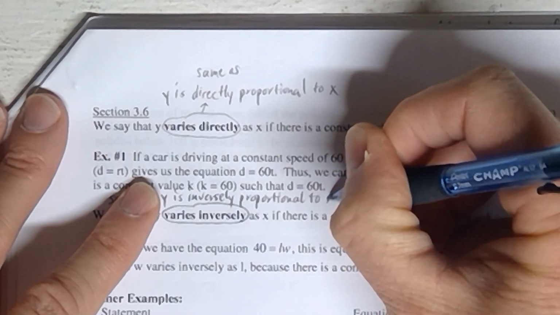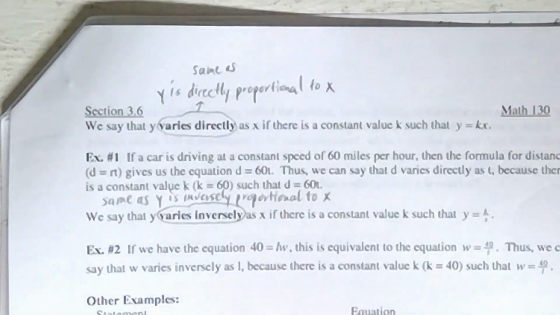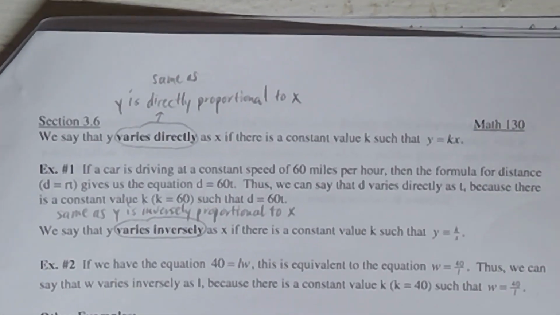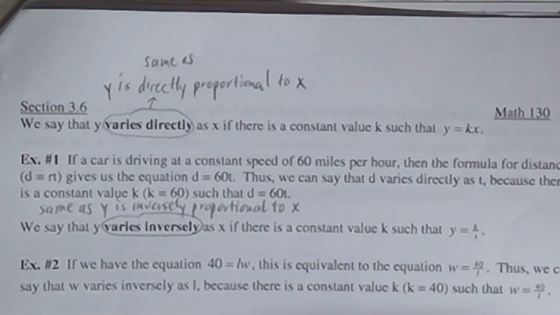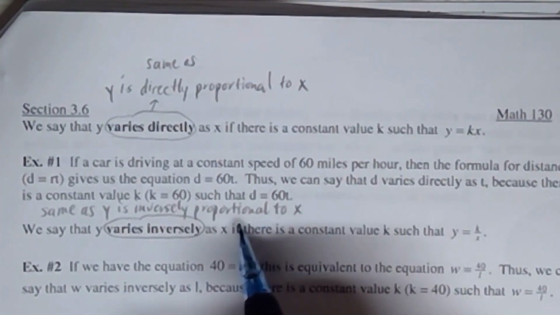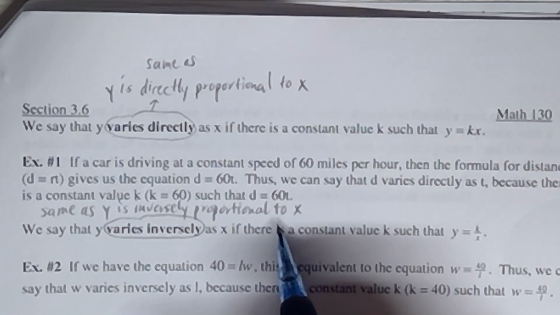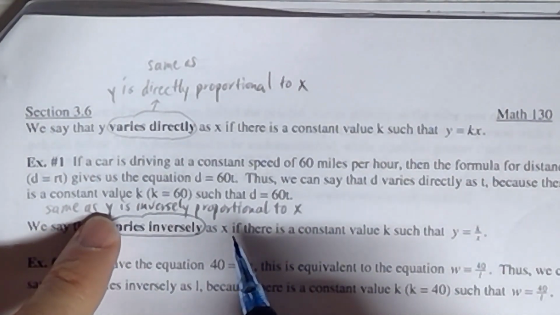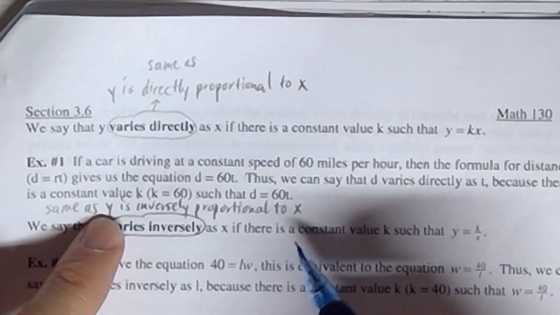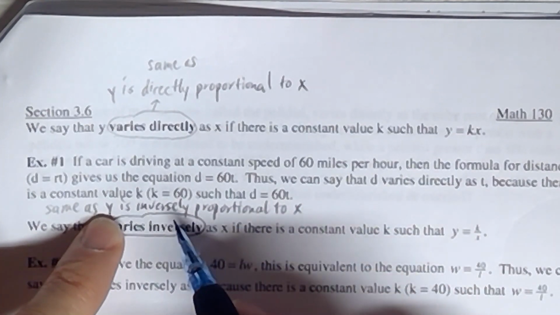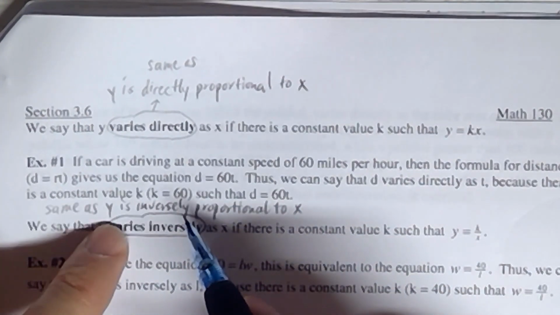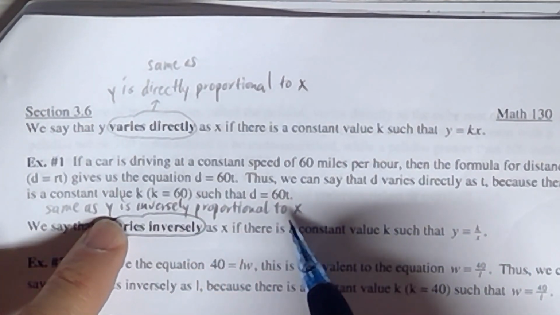And you may have heard that phrase before, and if you haven't, that's okay. When somebody says that y is inversely proportional to x, they're saying that as y gets bigger, x gets smaller. It's in an inverse direction. As one thing gets bigger, the other thing gets smaller, and vice versa as well.